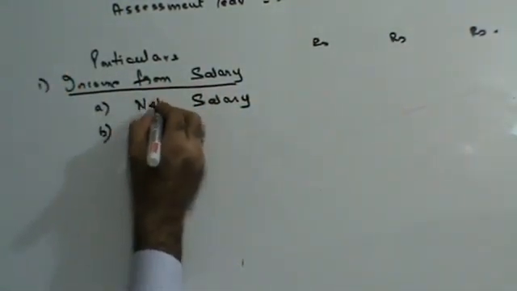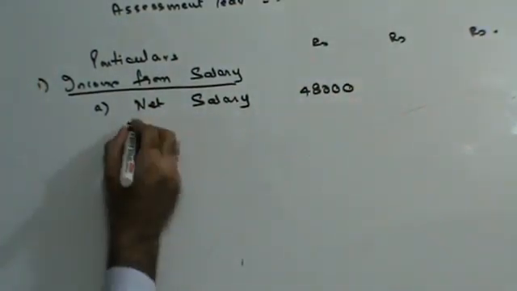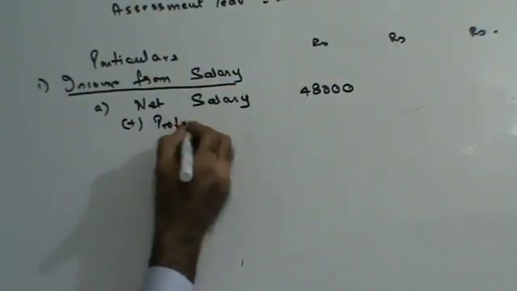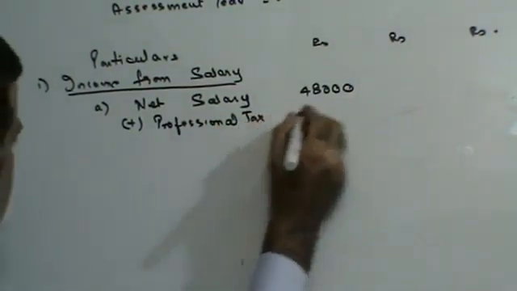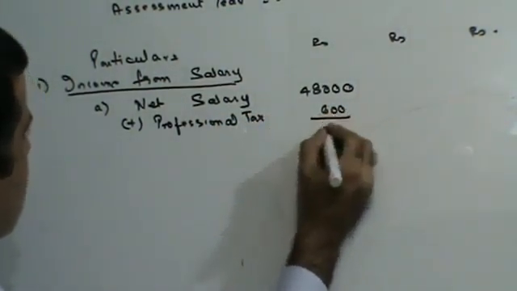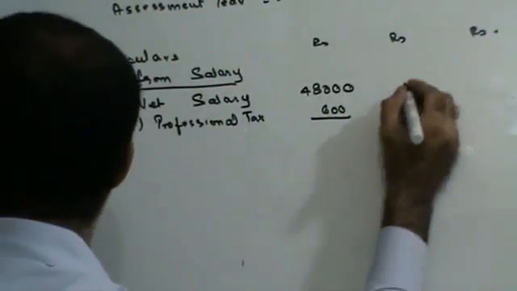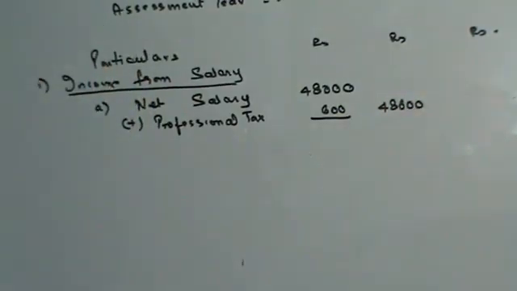That is 48,000. We'll add professional tax, 50 rupees per month, 600. That is going to be 48,600. Next, let's move on ahead.